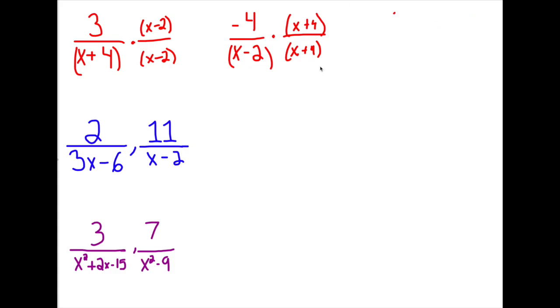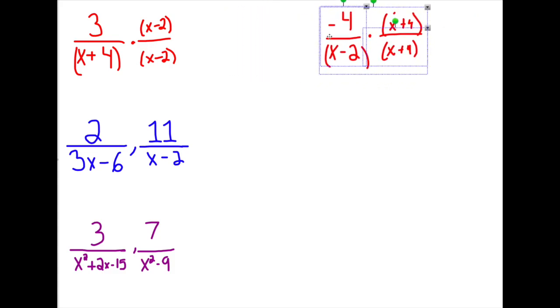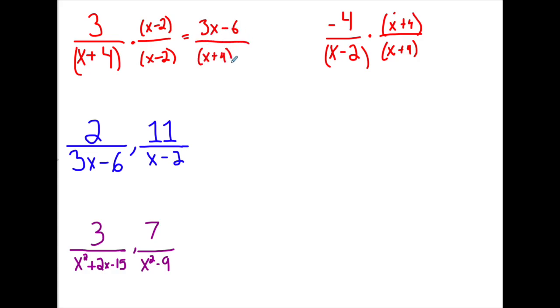You'll always get the same answer. So now all I have to do is multiply across the top. And I'm not even going to bother to expand out the bottom because it doesn't matter. I know the bottoms are going to be the same because they're the same two things being multiplied.